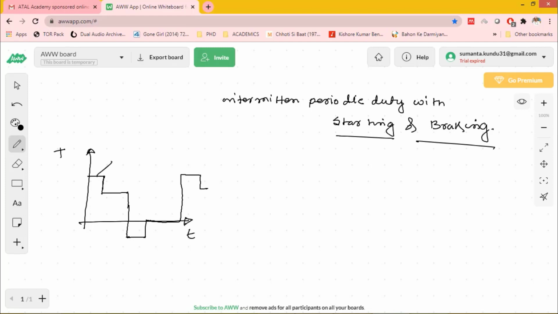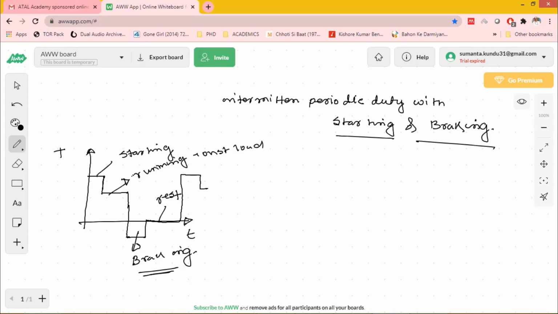So there is a starting torque, so there is a starting period. Now there is a period of operation with constant load, so this is running with constant load, and then this is the braking period with electrical braking, and this is my rest period.